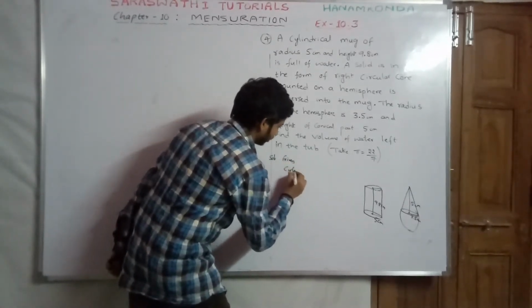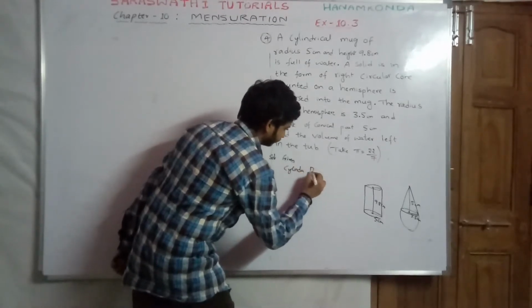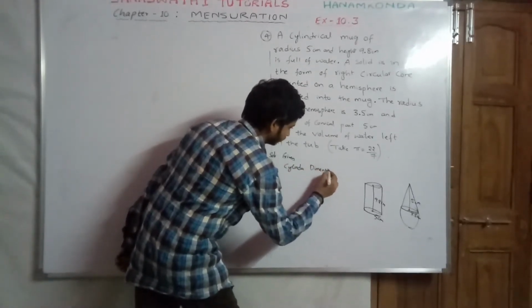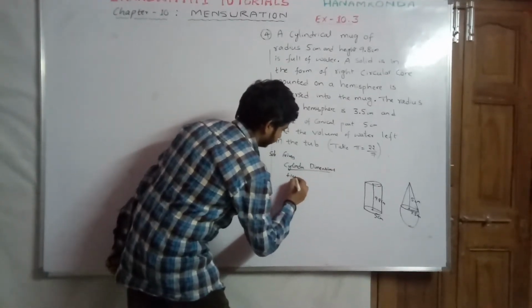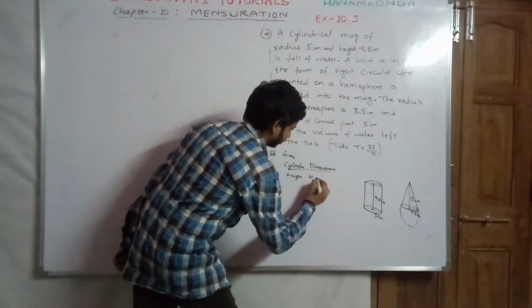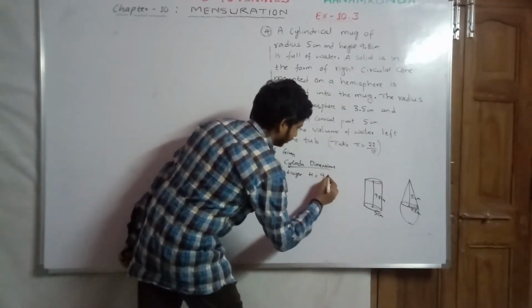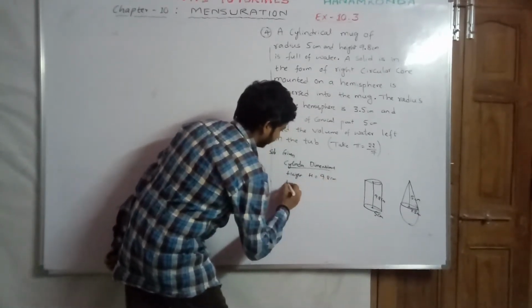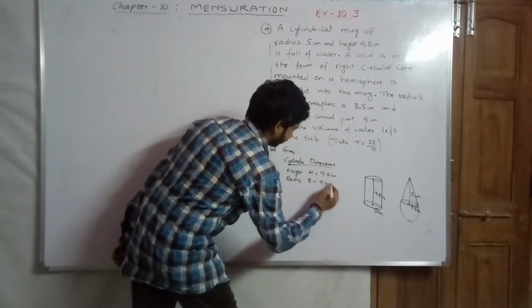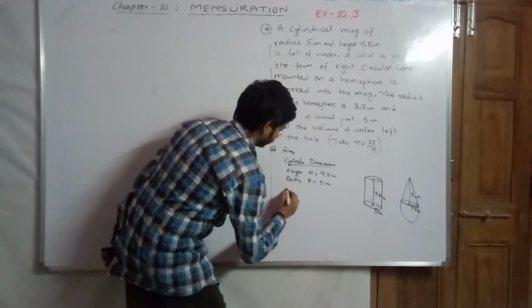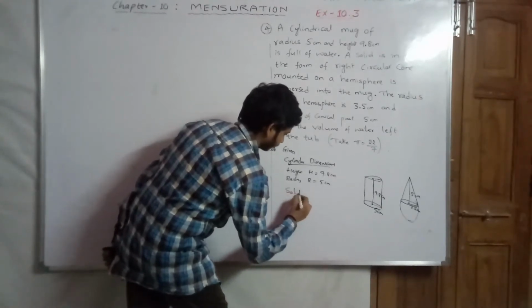Write the cylinder dimensions first: height, capital H, equal to 9.8 centimeters, and radius, capital R, equal to 5 centimeters. Similarly, the solid dimensions.